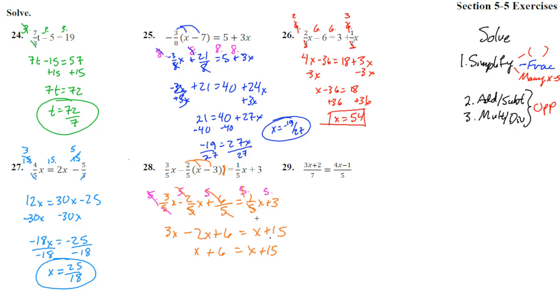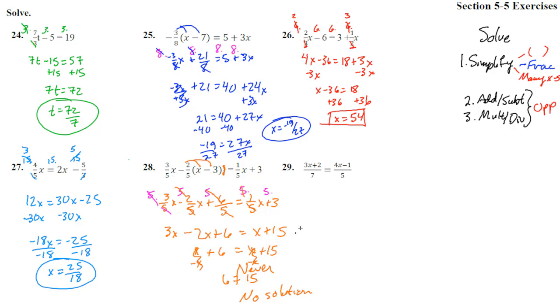Look at how that settles down so nice once you get rid of those fractions. Subtract x, subtract x. Oh no, gone, gone. 6 equals 15. That never happens. So that means this one is a no solution. Right on.